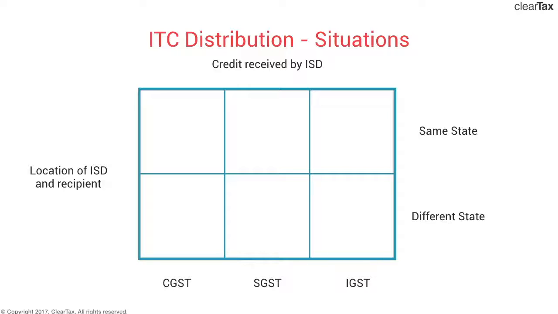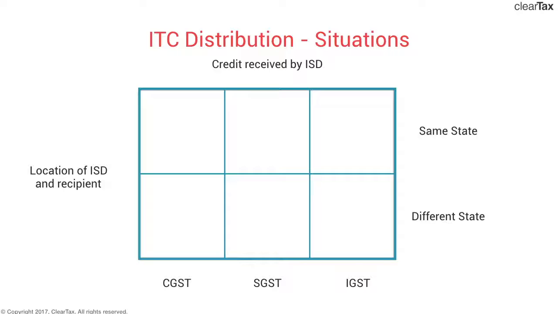On the y-axis you have the location of the ISD and the recipient. The first situation is where they are both located within the same state, and the second, they're in different states. And the x-axis has the credit received by the ISD. What we are trying to find out is as what can the ISD distribute the credit he's received.